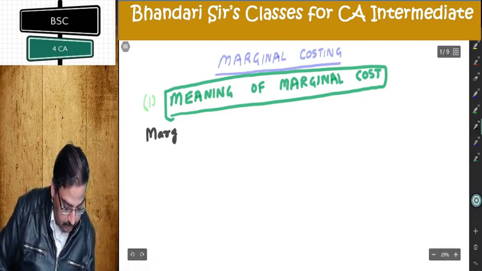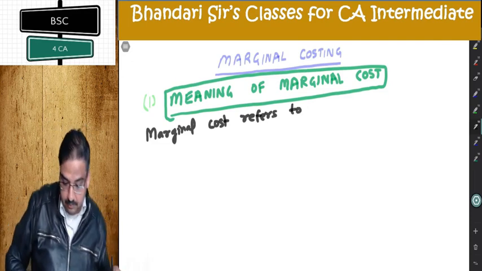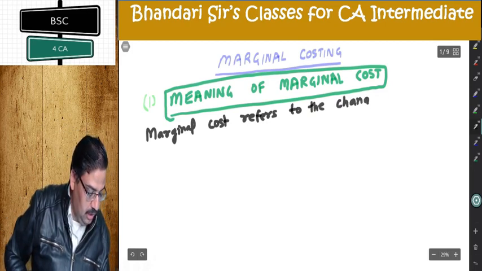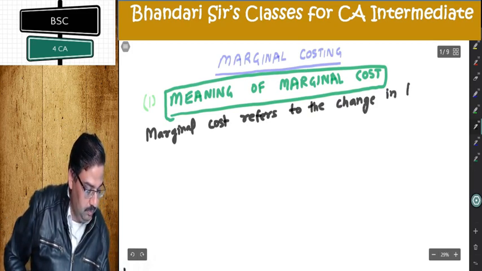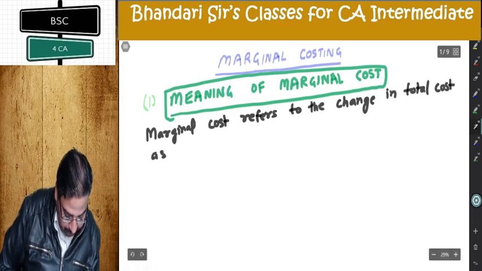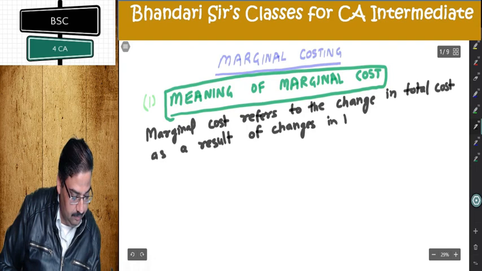Marginal cost refers to the change in total cost as a result of changes in level of activity.